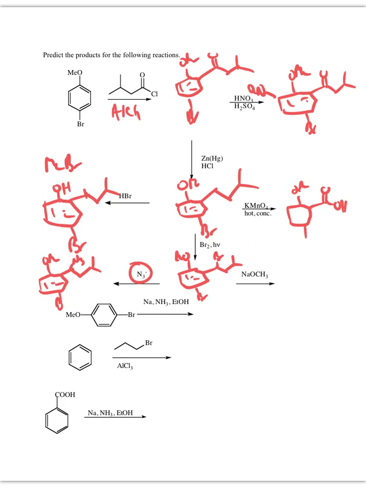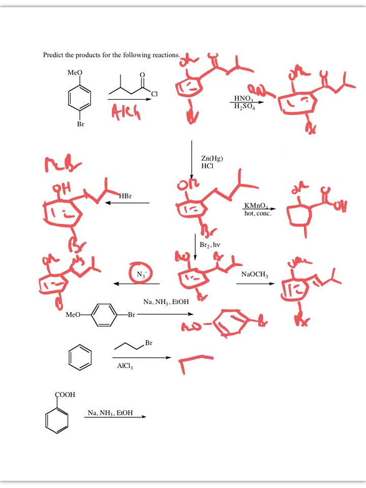the N3 there. The methoxy, an argument could be made for either the substitution or the elimination, since it's a strong base. Then we have the Birch reduction with the donating groups on, so they're going to be like that.